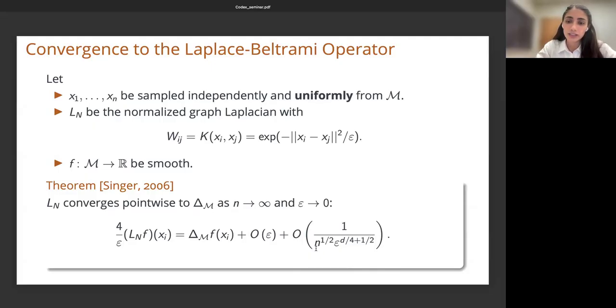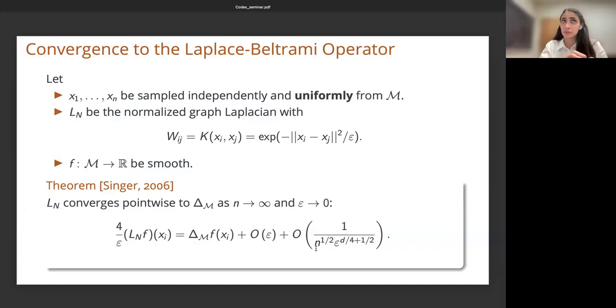And this term is giving us a relation between the number of data points and epsilon, because, for example, epsilon cannot go to 0 too quickly. It has to go to 0 according to how quickly the number of data points is growing.